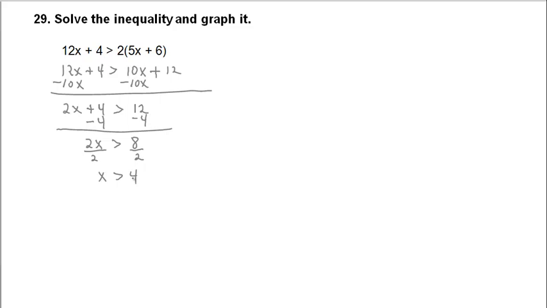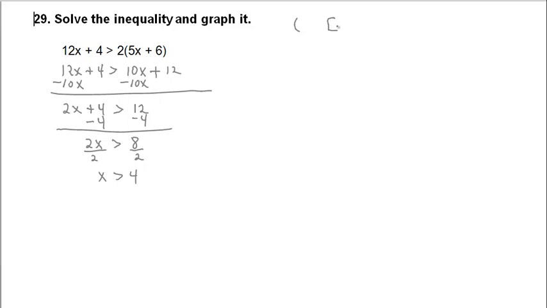Now we're asked to graph this, and we're going to graph it on a number line. And there's two ways to do this depending on what notation we're going to use. If you're asked to use interval notation, that is when we use the parentheses or brackets.